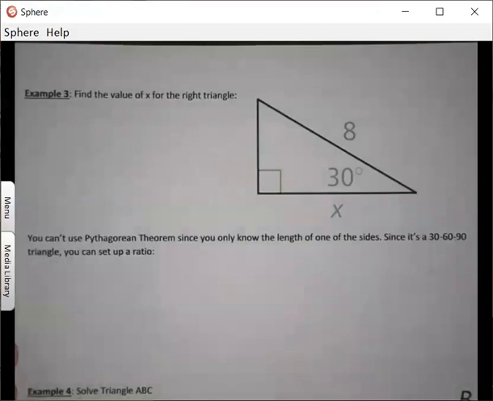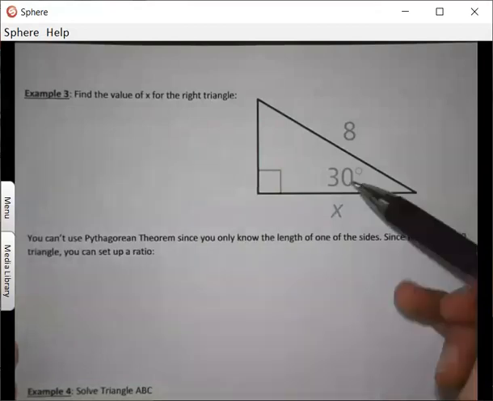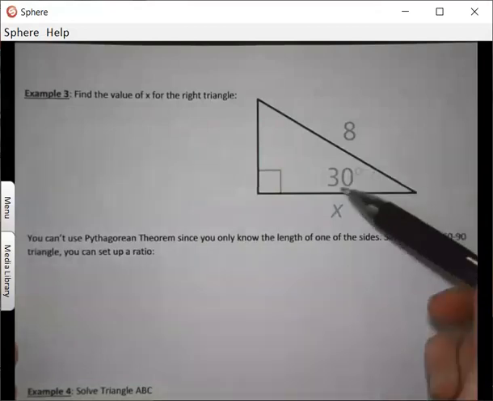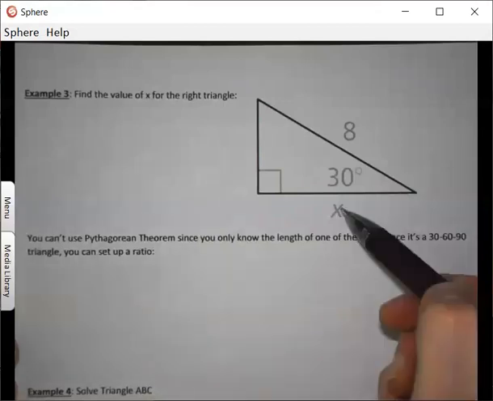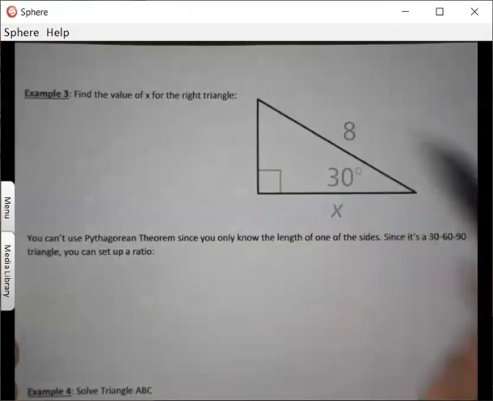Now, we're going to do this using our trig functions. So we have an angle. We're going to use our given angle. So we're going to use our 30 degrees. Now, to decide which trig function to use, we just want to look at the sides that we have, so x and 8, name them, and then use the trig function that's appropriate.